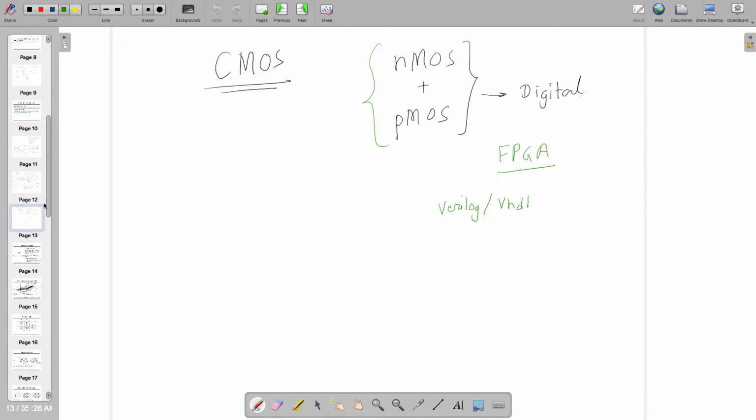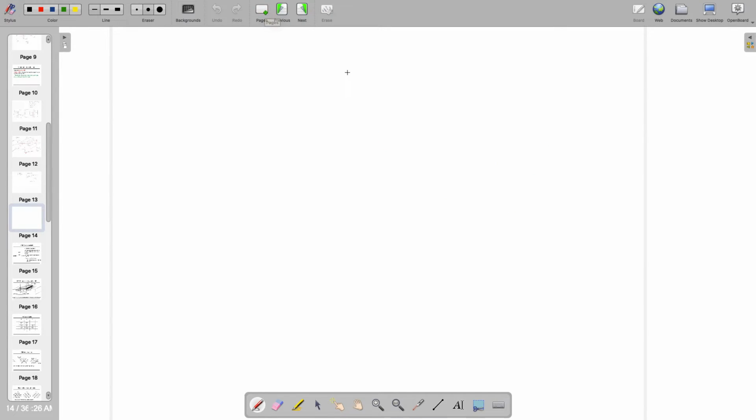Okay. So I was talking about this. Is this PMOS or NMOS? This is NMOS. And this, of course, has to be PMOS. As I told you, there are four terminals.